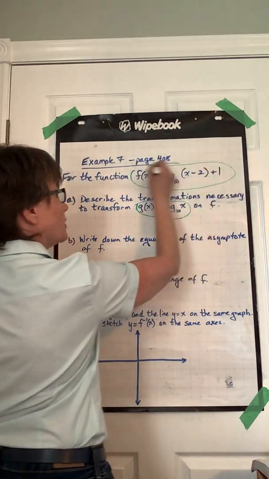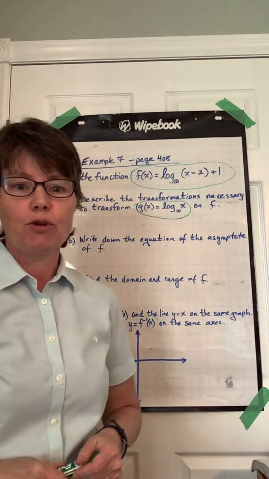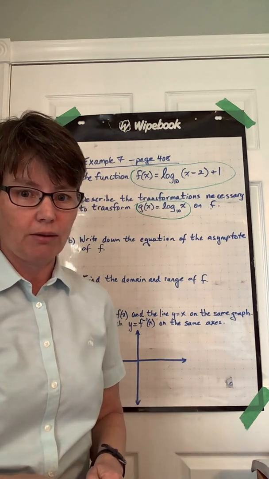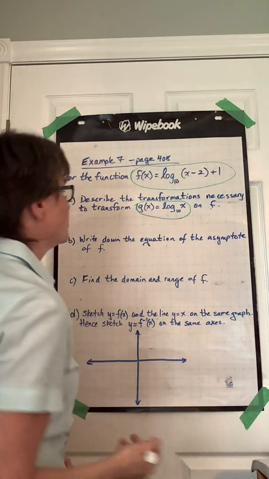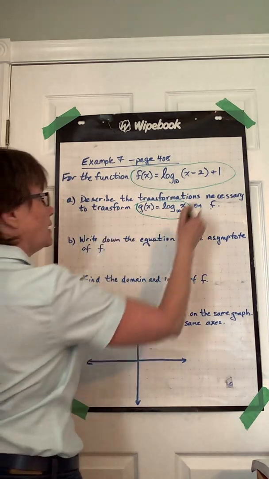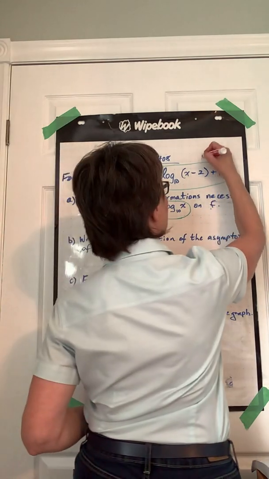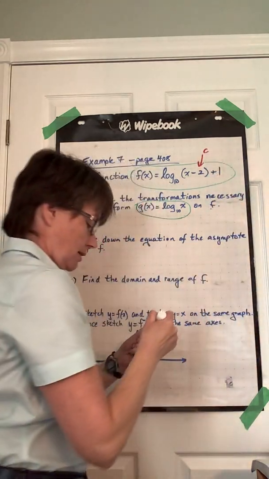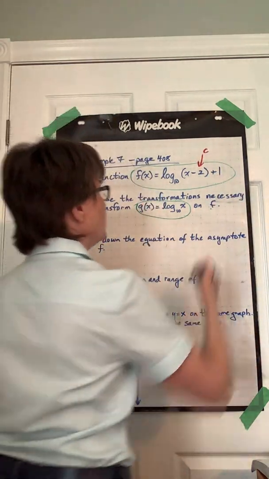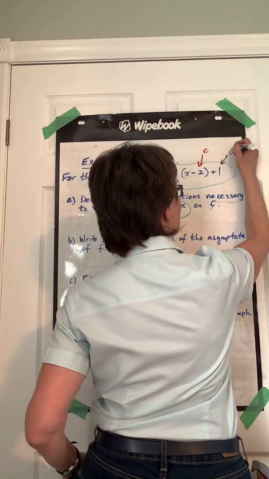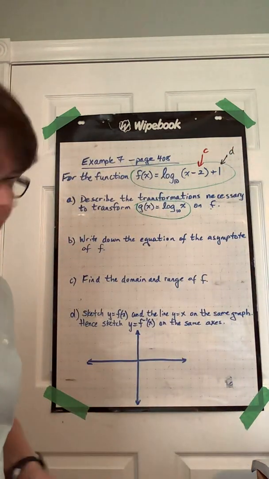onto this function. Now notice they're both base 10. That's the reason we can compare them with each other. In order to do that, we have C in this position, like we talked about in the last video, and D in this position as well.